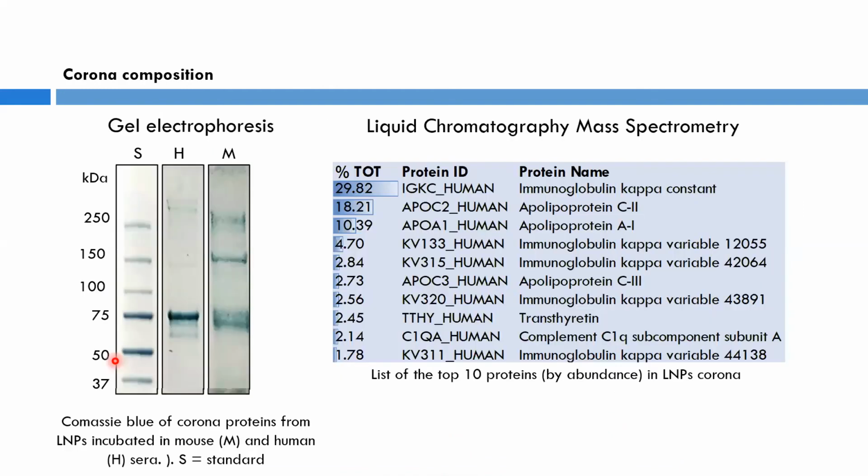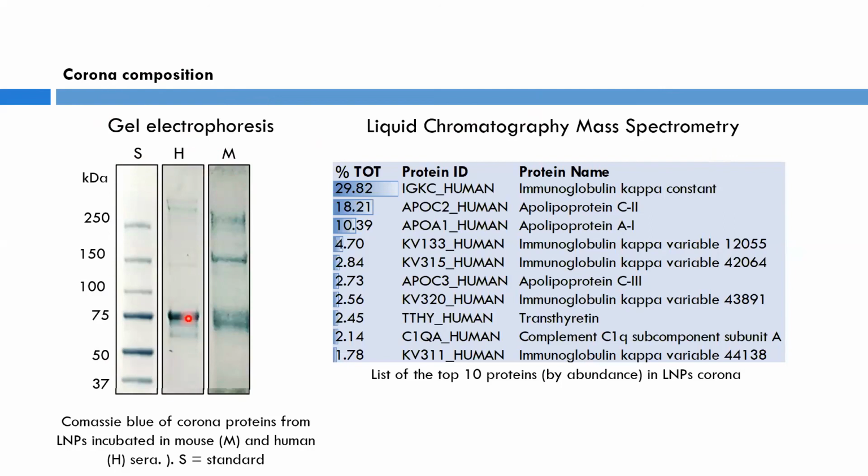So once these corona nanoparticle complexes are isolated, then they can be assessed by gel electrophoresis or mass spectrometry. And here you can see, for example, that the same sample incubated in human serum or mouse serum is run through this polyacrylamide gel and then stained by Coomassie blue.